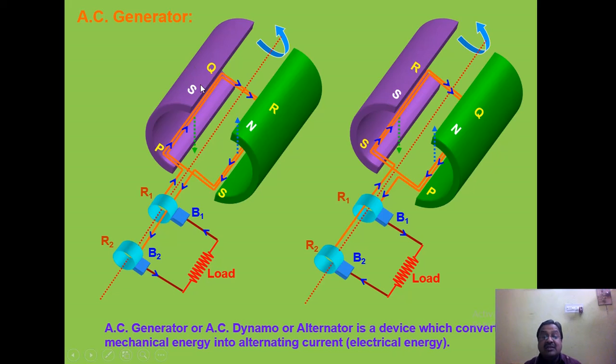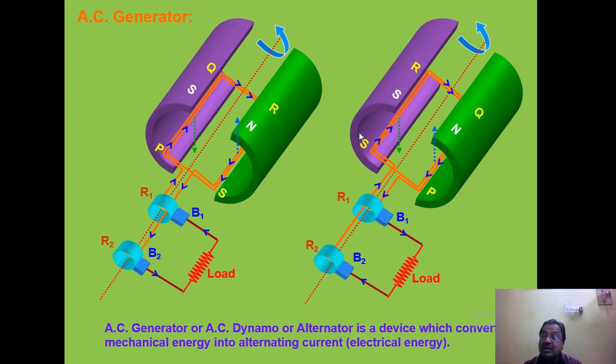This north pole and south pole will be called the field magnets, which provide a uniform magnetic field. If the generator is a small one, permanent magnets can be used, while if it is a big one, permanent magnets cannot perform the job. Generally, electromagnets are used as field magnets.